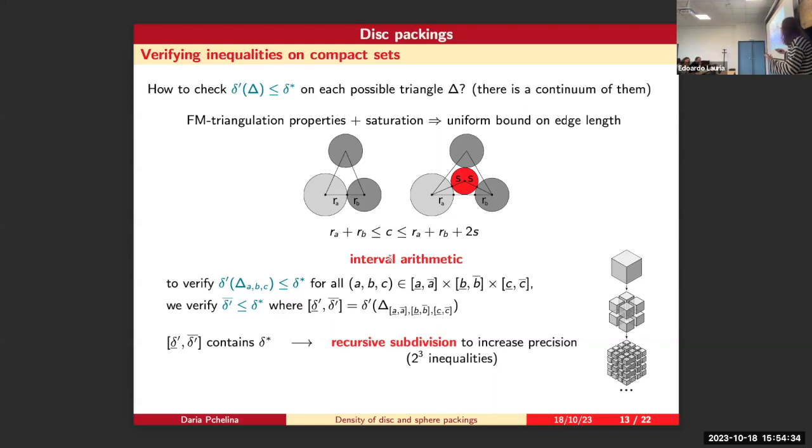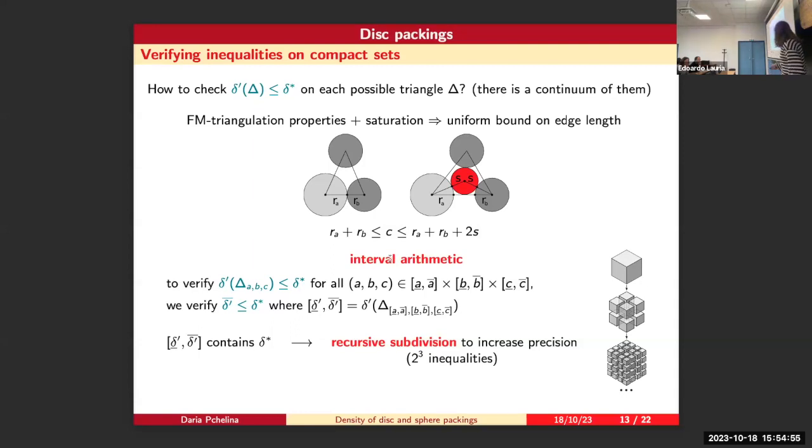We'll subdivide each of the intervals by 2, and we'll verify this inequality on each of these sub-boxes. And if we still lack precision, we'll continue our subdivision again and again until we have enough precision to get this inequality for everybody.